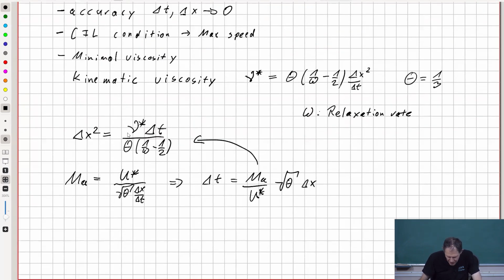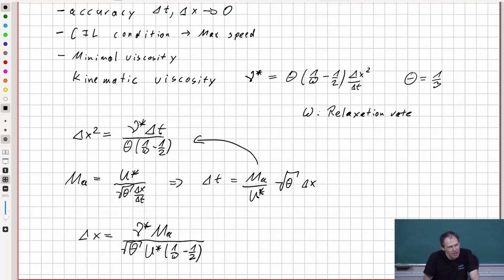So this delta t into here, then we have delta x squared on one side and delta x on the other side, meaning we can cancel one of them, and then we have delta x is equal to the physical viscosity times the Mach number divided by theta, because we have square root theta, this becomes now square root theta down here, and there's the velocity left, and we have 1 over omega minus 1/2.